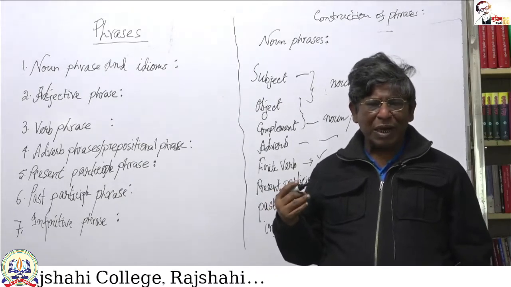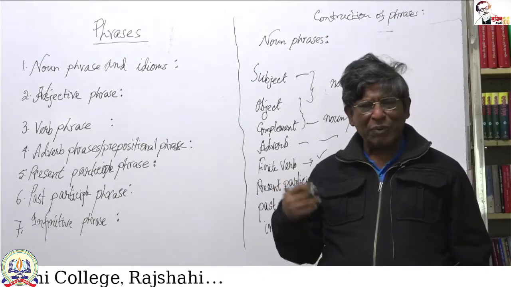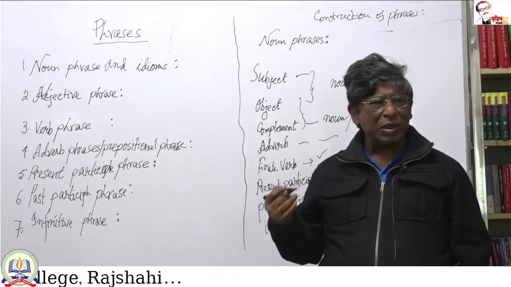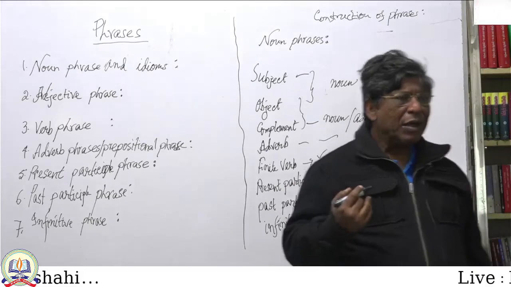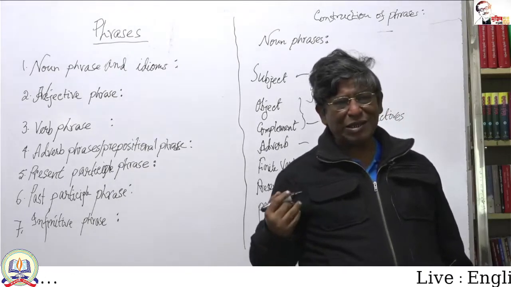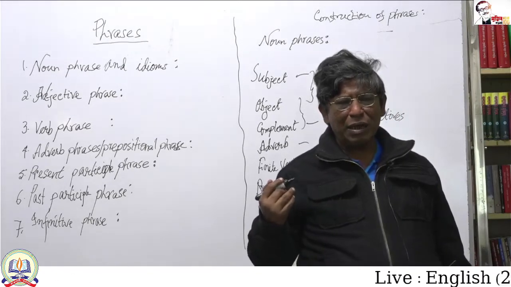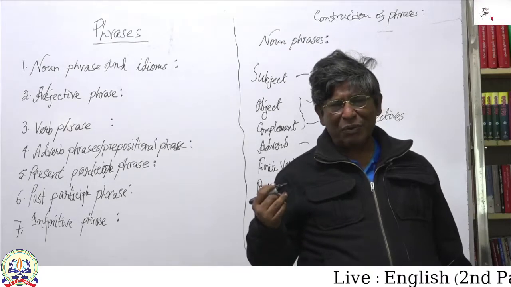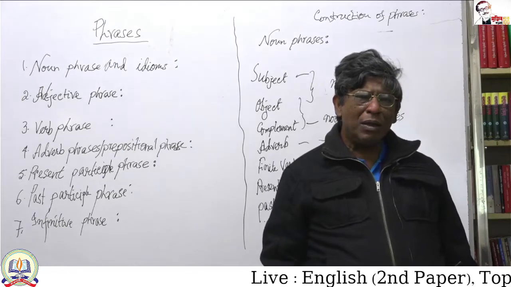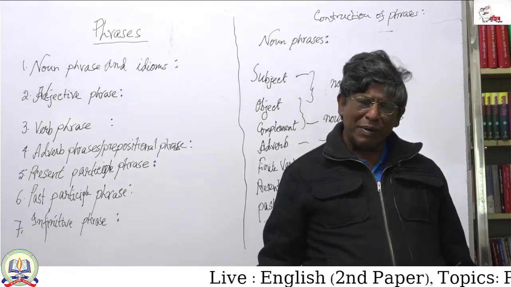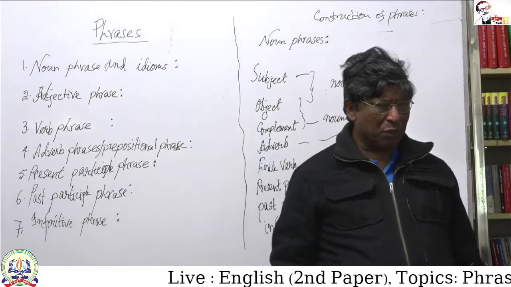Sometimes a finite verb is helped by an auxiliary verb to determine its tense form. For example, he is going there. In this sentence, we get going as the finite verb, and is is used to help going express its tense form.